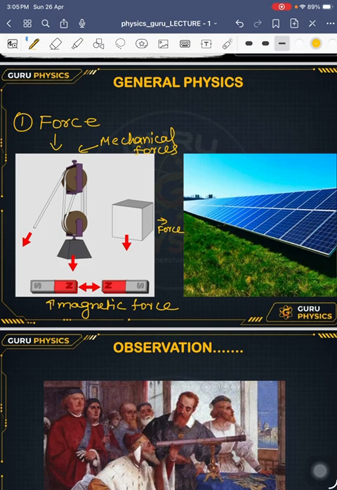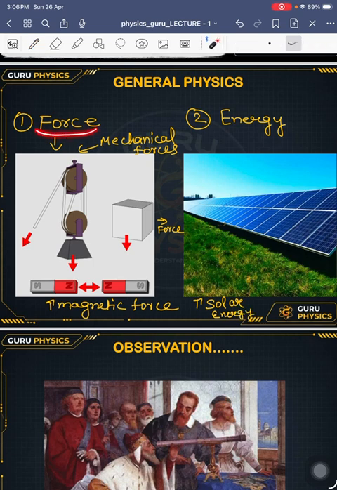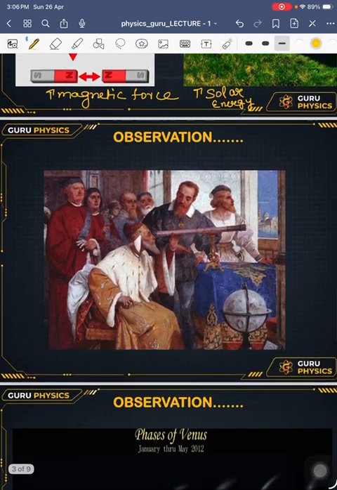The second idea in general physics is the idea of energy. Here I have a simple visual of solar energy. These are the two ideas we are concerned with throughout this chapter of general physics. Let's move to the next slide.